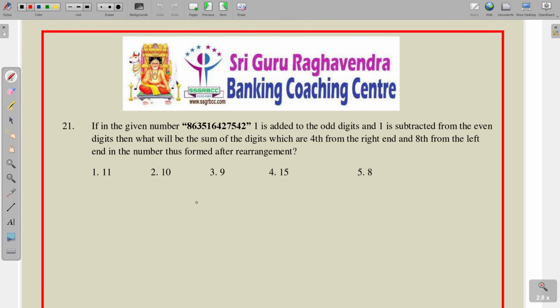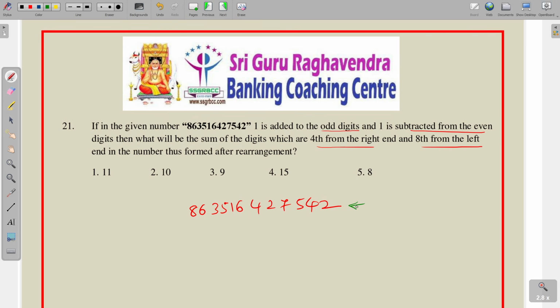In the given number 8 6 3 5 1 6 4 2 7 5 4 2, 1 is added to the odd digits, 1 is subtracted from the even digit. What will be the sum of the digits which are 4th from right and 8th from left? So we need to find sum only for two numbers. First one is 4th from right.